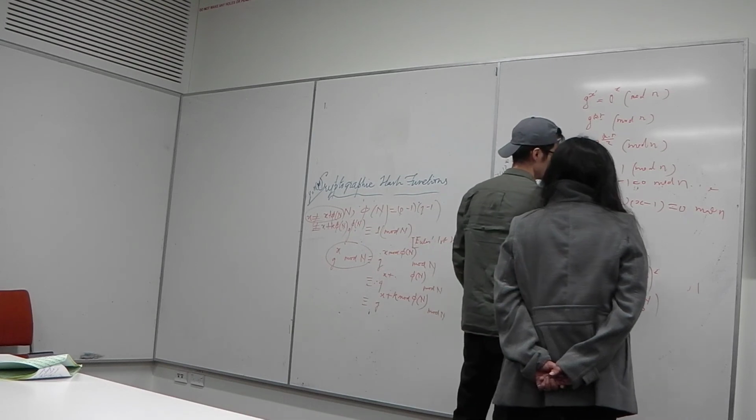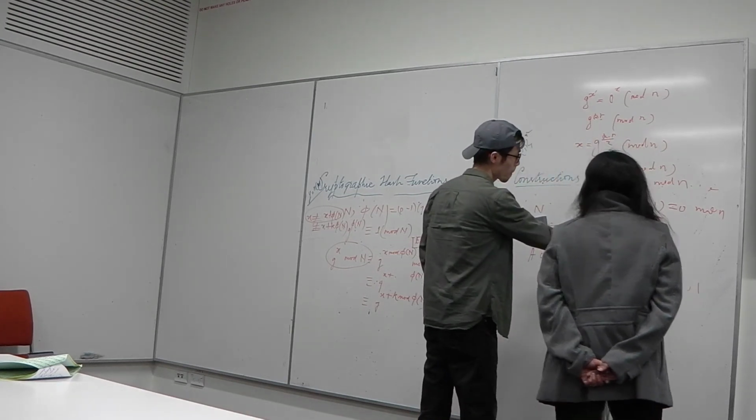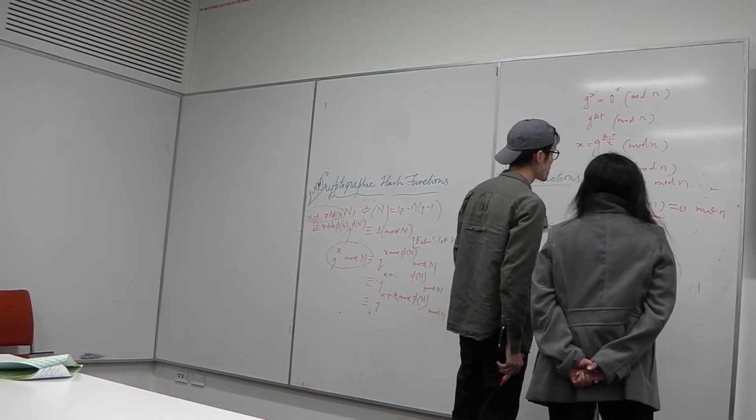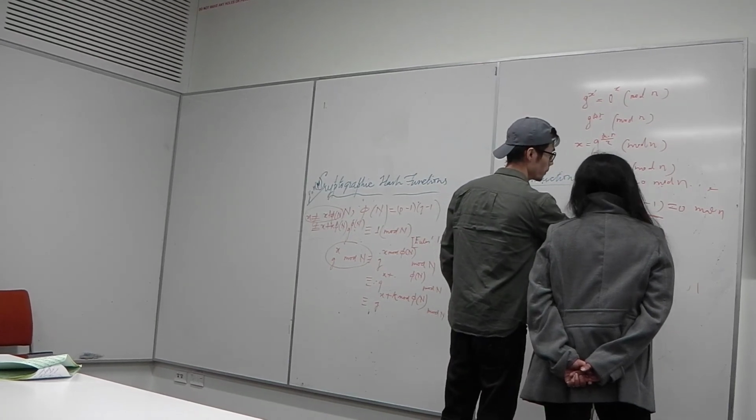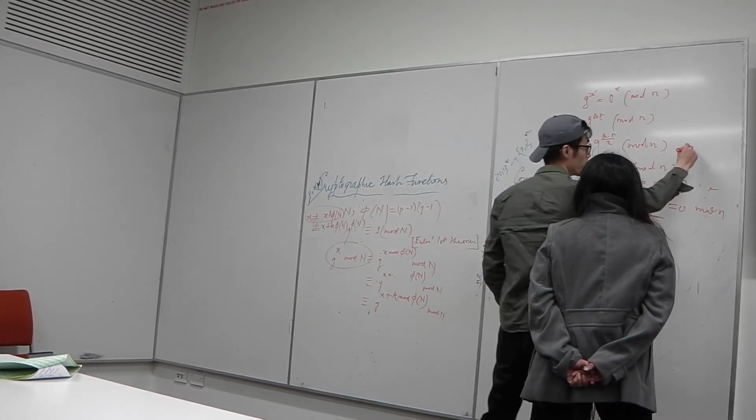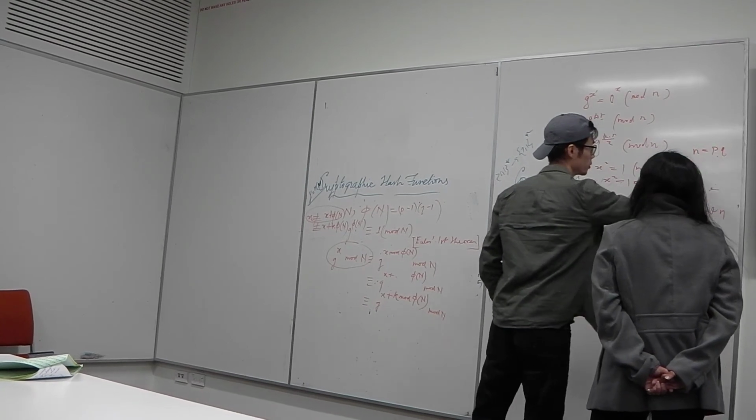So n divides the product of these two things, but n will not divide any one of them, right? And n, remember, is just pq, the product of two primes.